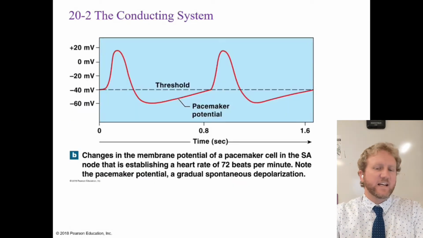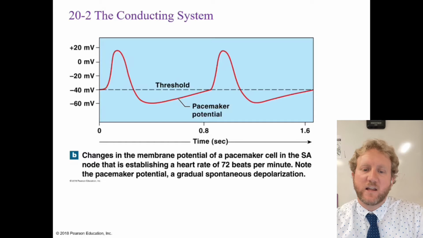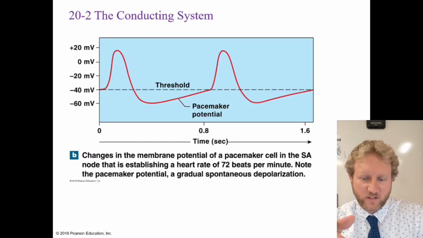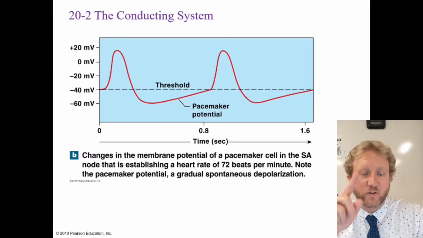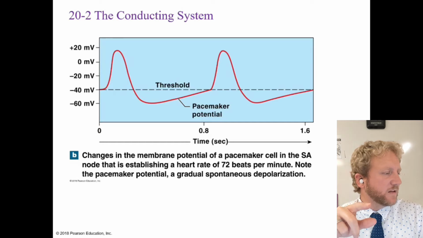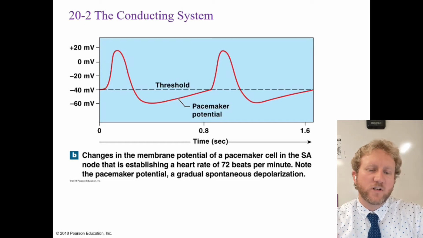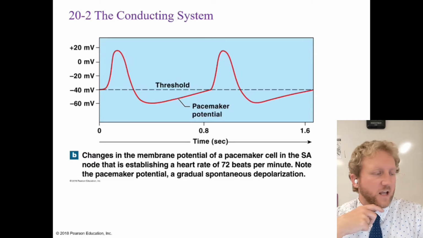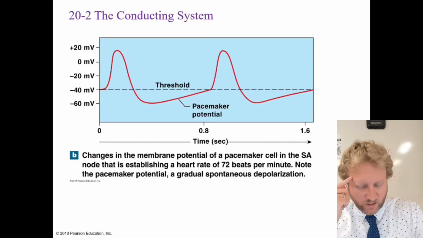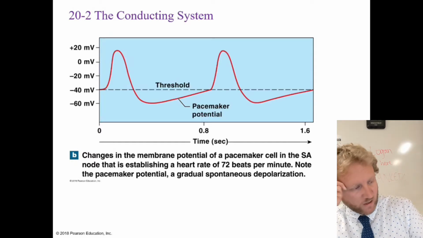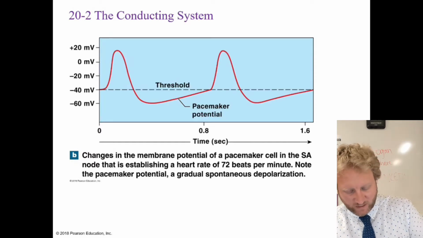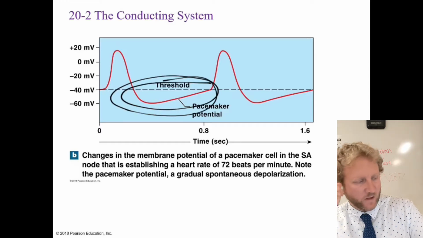This is a diagram showing changes in the membrane potential of a pacemaker cell. These are in the sinoatrial node. And so it's important to note that this graph of the membrane potentials looks different than what we talked about with the nerve cells. One of the things, for example, is there's a gradual depolarization of the pacemaker cells, which we find right here.